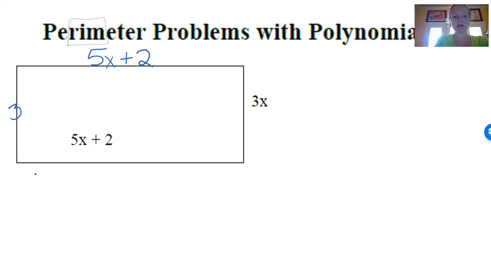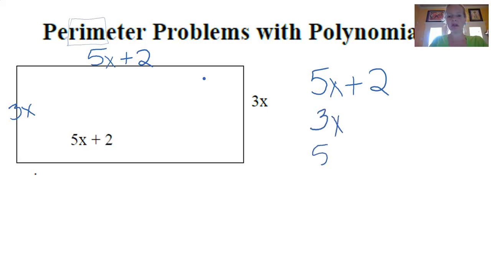Now with polynomials, all we're going to do is combine our like terms because we're adding, because we're doing perimeter. So we have 5x plus 2, and I put my like terms on top of each other. Then we have 3x, then another 5x plus 2, and then another 3x.